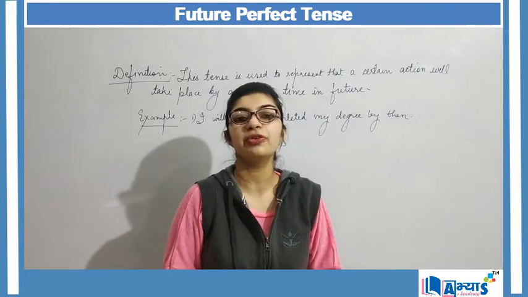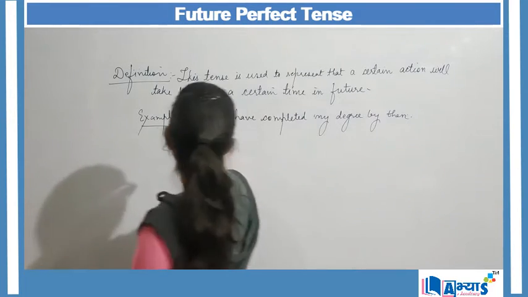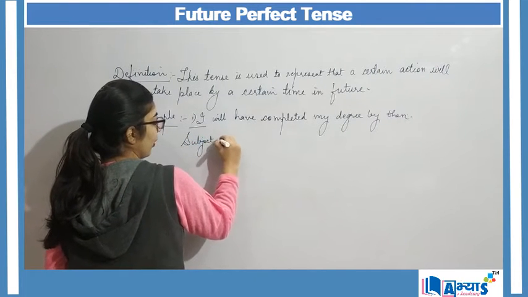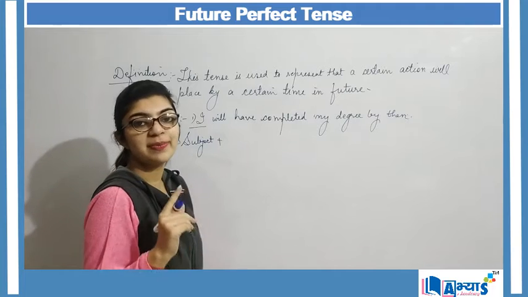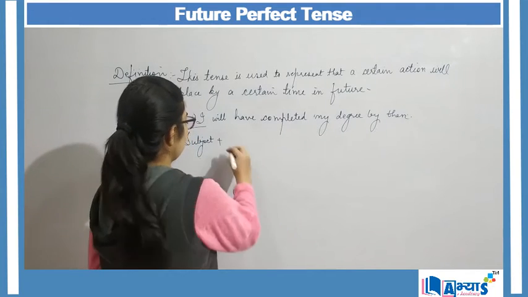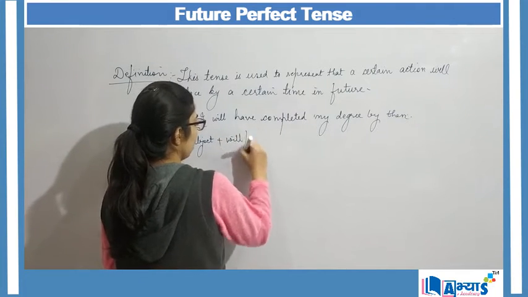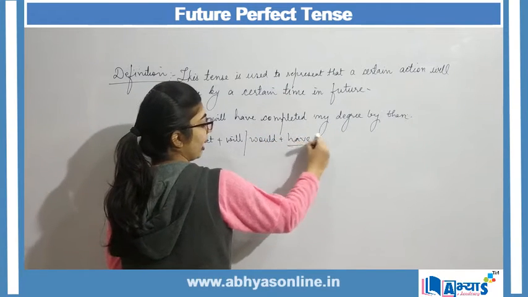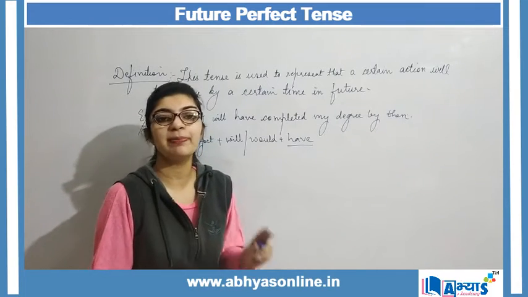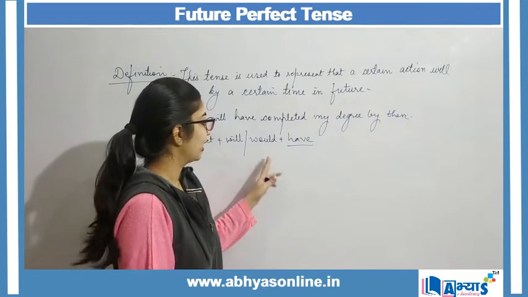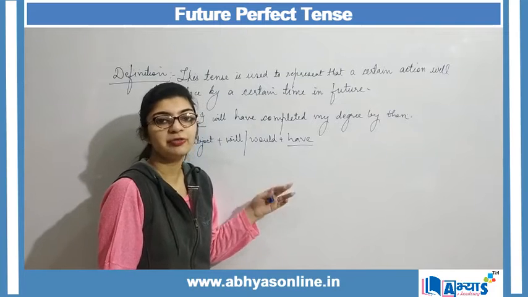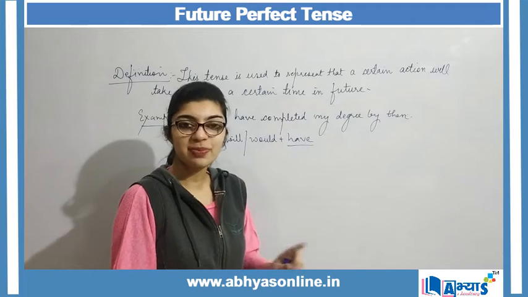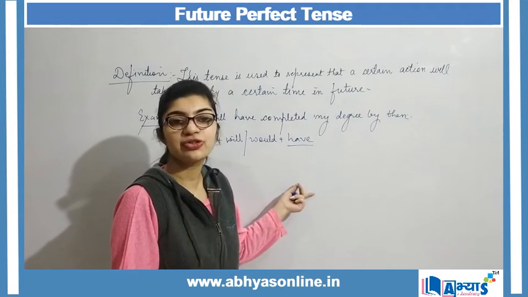So the rule for future perfect tense is that there will be a subject. Now a future is always represented by will or would. So I will either use will or would plus have. Have is used to represent a perfect tense. Either in present or in future we will be using have, but for the past perfect tense have gets changed to had.